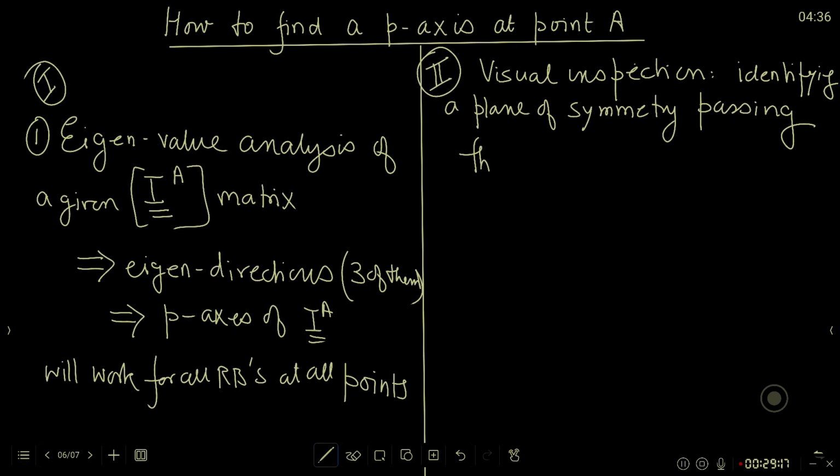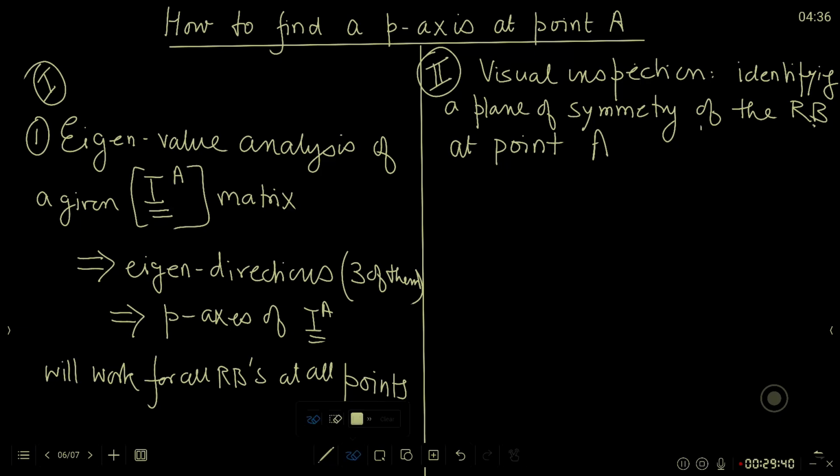A plane of symmetry of the body, of the RB, passing through point A.